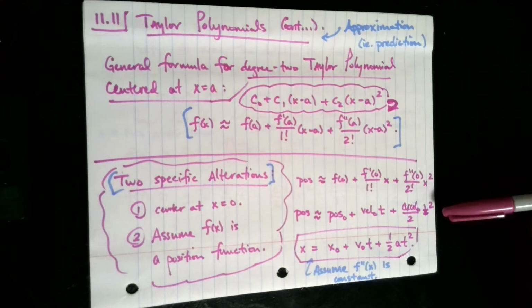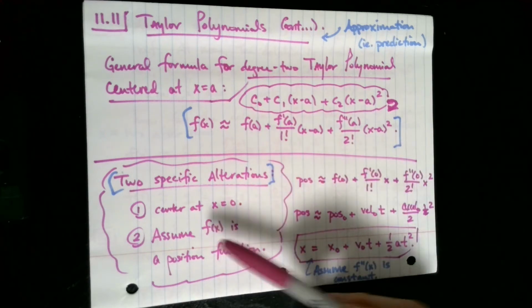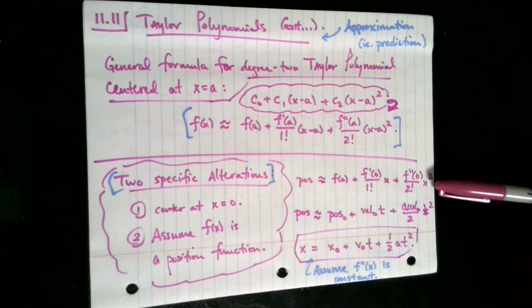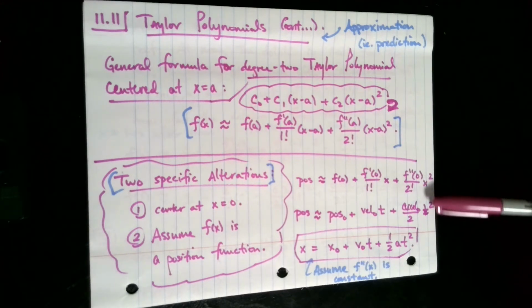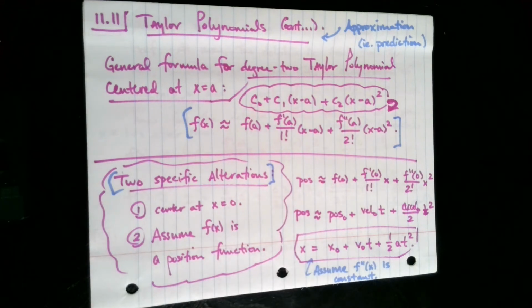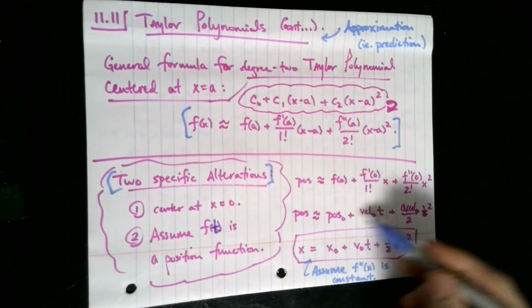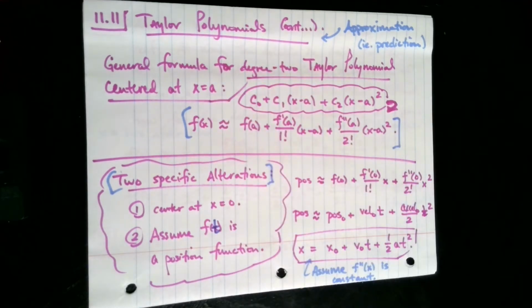Moving forward, what I'd like to do is shift this for a second, because x, when you're talking about a position function, is probably the wrong letter. We should be looking at this in terms of time. So I'm going to take x and put in t, because frequently when we talk about a position function at a given time, where is an object? So t is more appropriate, and now in the second line I've started to use t.